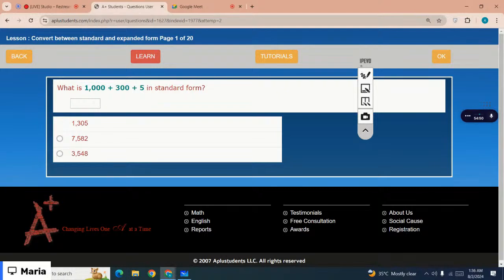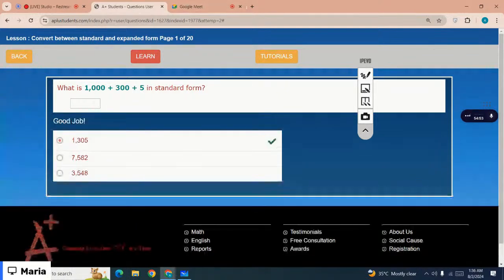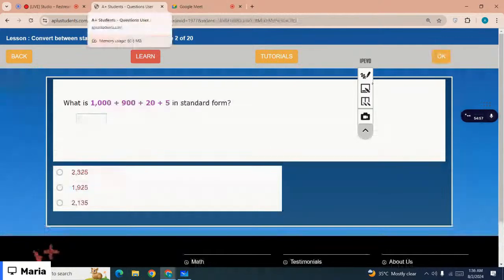Option number 1 is the correct option. What's 1000 plus 900 plus 20 plus 5 in standard form?